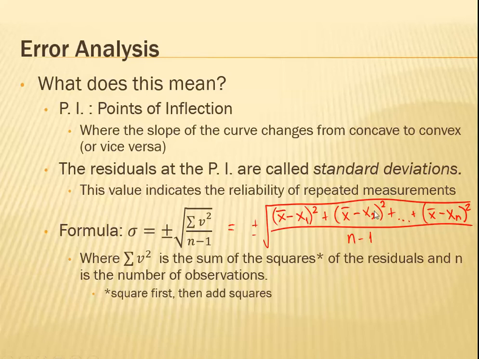That's what that means. So we're actually going to do an example. You can calculate the standard deviation, and then we're going to use the standard deviation to find the probable error.